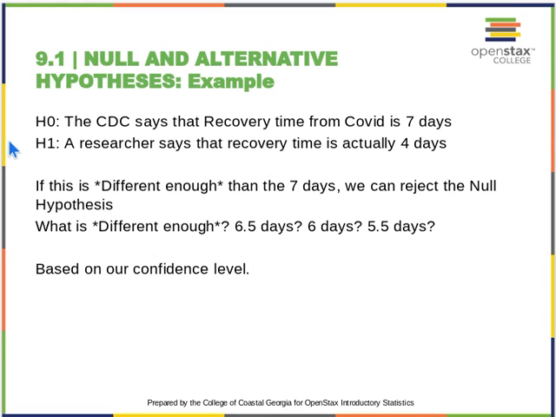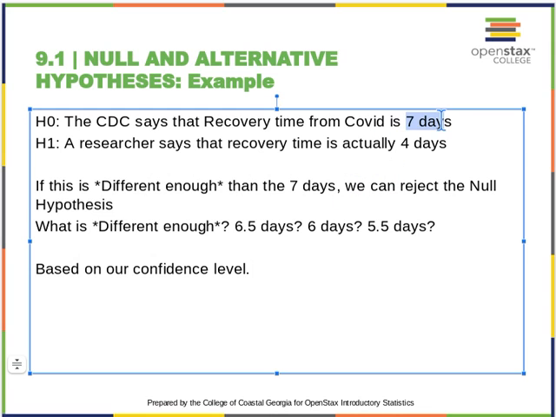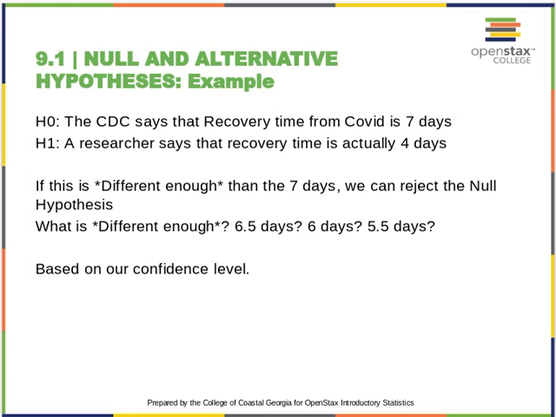So this researcher would have a sample. He's not just making it up. He's just saying, from what I've seen, it's actually 4 days. Well, is this different enough from the 7 days that we can just say, well, yeah, we have a sample here saying 4 days, so 7 days can't be right? We have 100 people there and the average is 4 days, so I don't think it's 7 days.